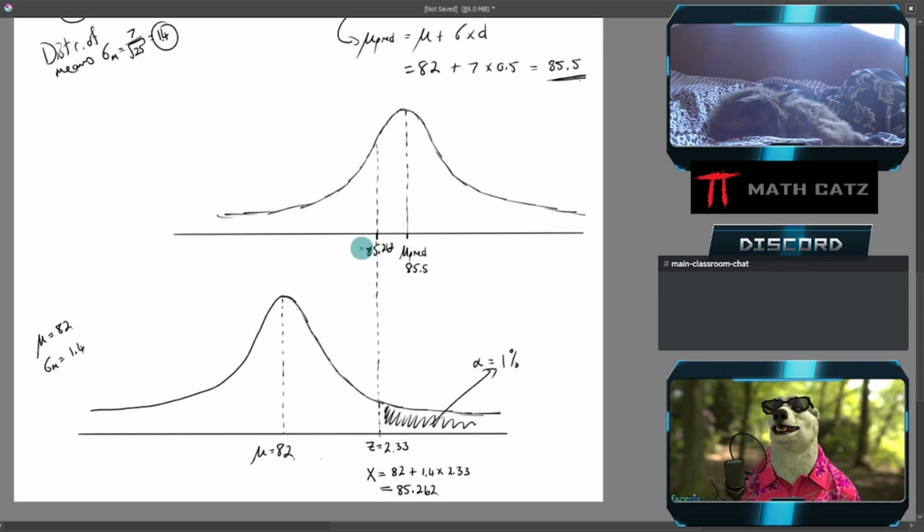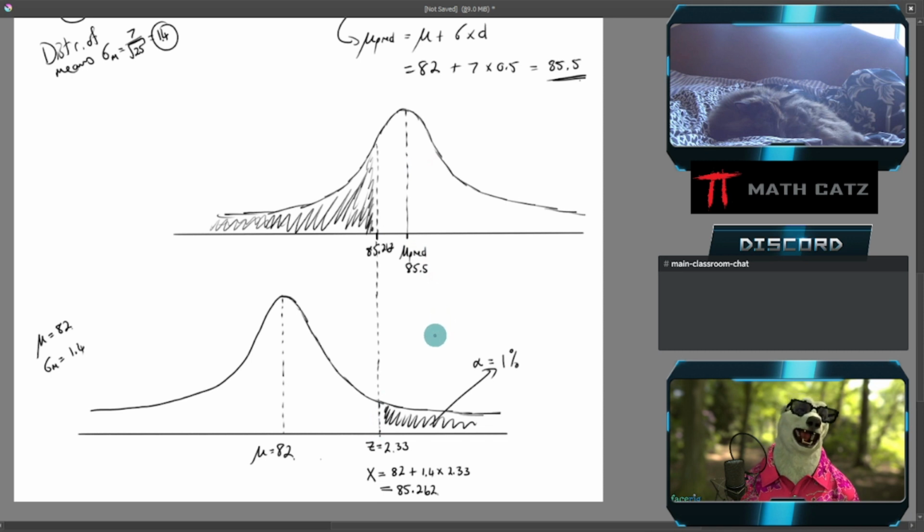I am going to not reject the null hypothesis whenever I get a raw score left of 85.26. So my probability, my chances of that happening is based on the actual distribution, which is this top one, not the bottom one.